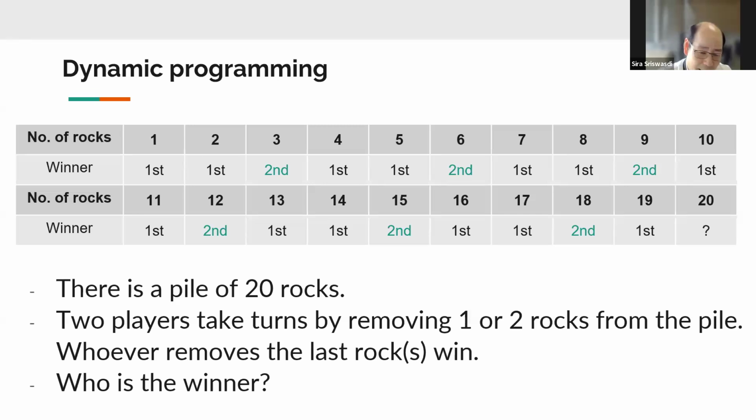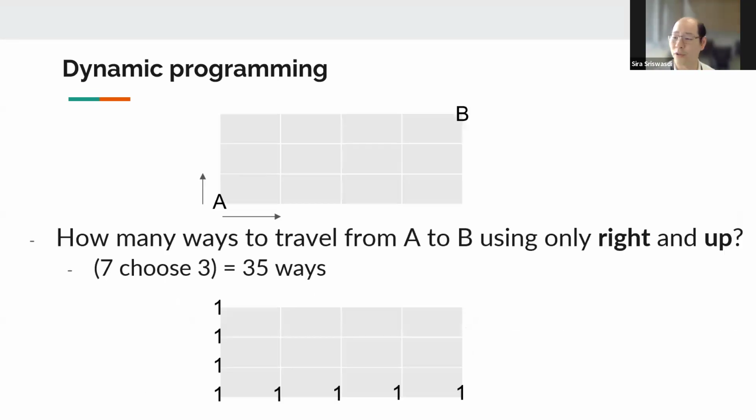So let's take another example that will bring you closer to sequence alignment. This was just a one-dimensional game, where you have 20 logs and you take the logs out. Let's consider a 2-dimensional game. We have a starting point at A and an end point at B. One of the classic questions is how many ways can you travel from A to B using only the right and the up direction?